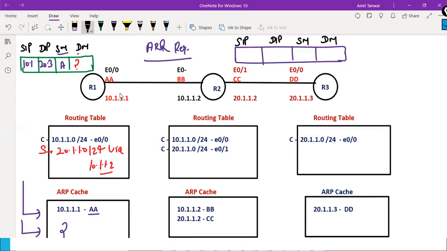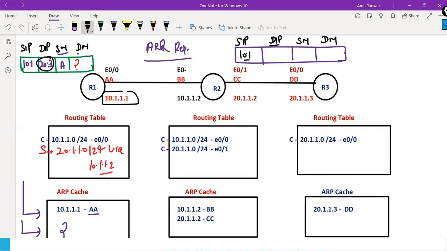So what's the source IP? It will be 10.1. What's the destination IP? What we are looking for is 20.3, the destination IP whose MAC address is missing.